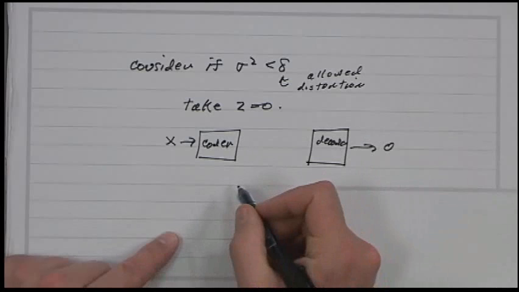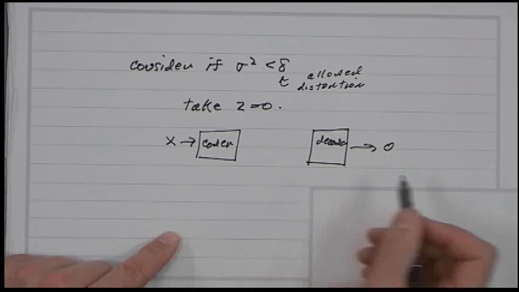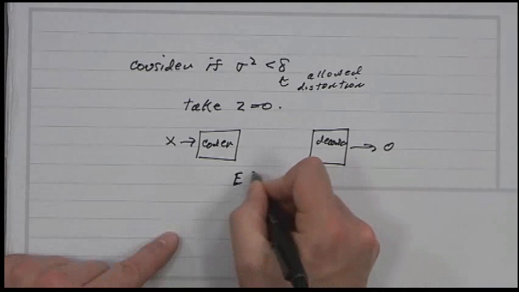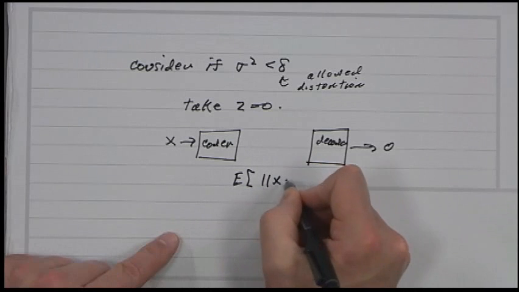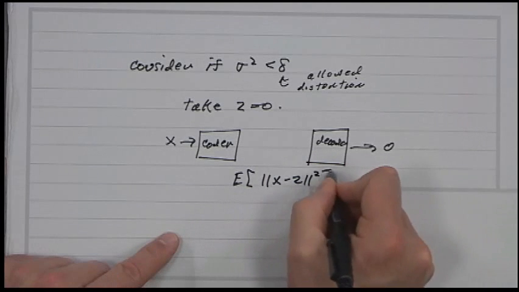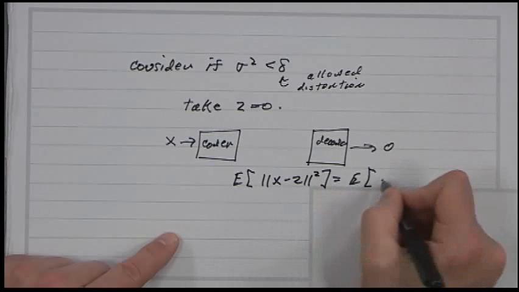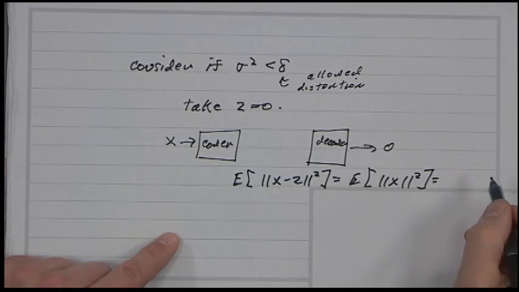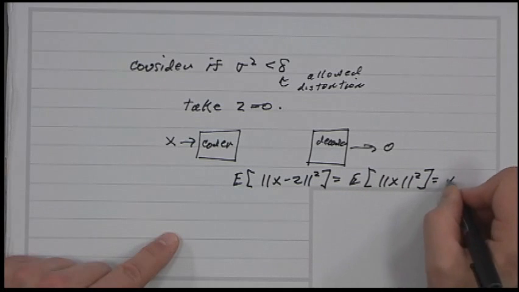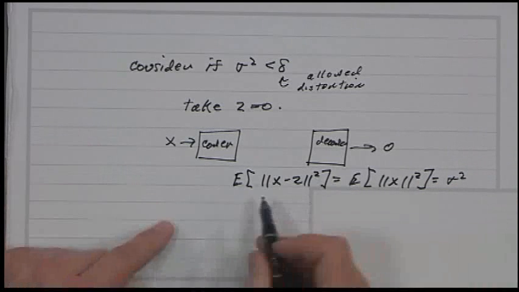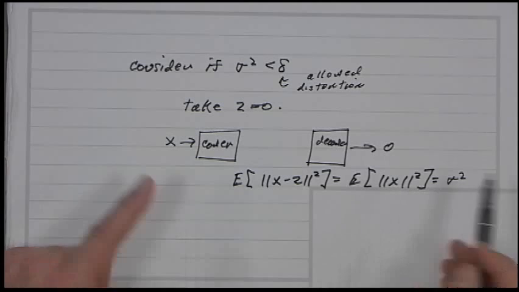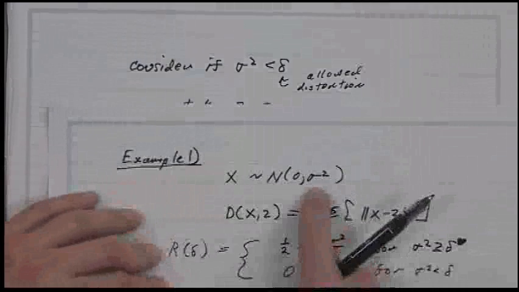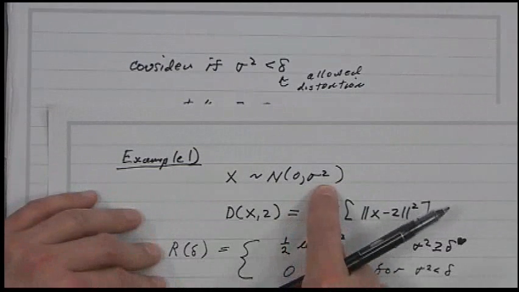Now, how much distortion is there? No matter what happens, I just output 0. So the expected value of (x minus z) squared is equal to the expected value of x squared, and that's just sigma squared, because it's actually a scalar value. I said it's a random variable with mean 0 and variance sigma squared.